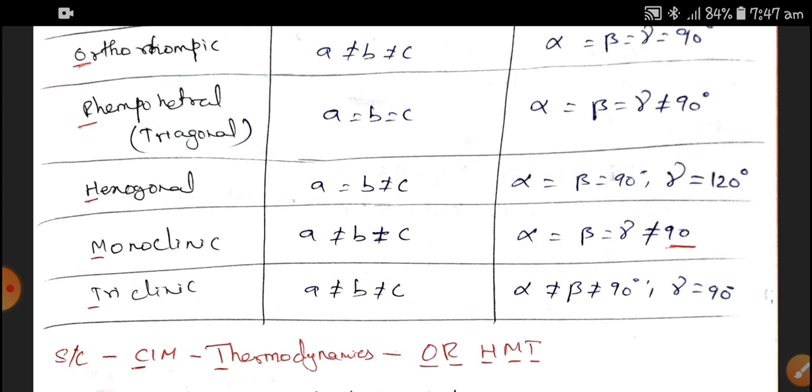And the other structure, monoclinic: A is not equal to B, not equal to C, alpha equals beta equals 90 degrees, and gamma is not equal to 90 degrees. This you have to understand. And next, triclinic. Triclinic is A not equal to B, not equal to C, where alpha is not equal to beta, which is not equal to gamma, and none is 90 degrees.